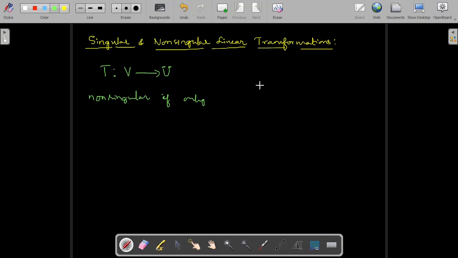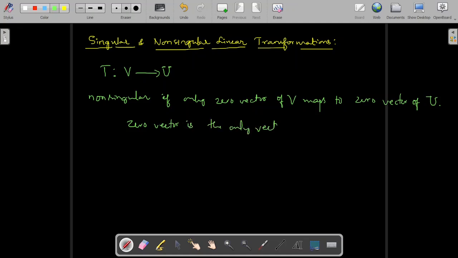So, only the 0 vector of V maps to the 0 vector of U. That means the 0 vector is the only vector whose image under T is 0.